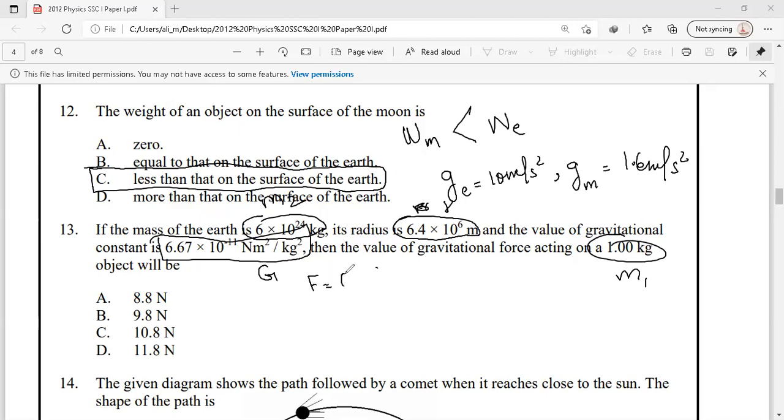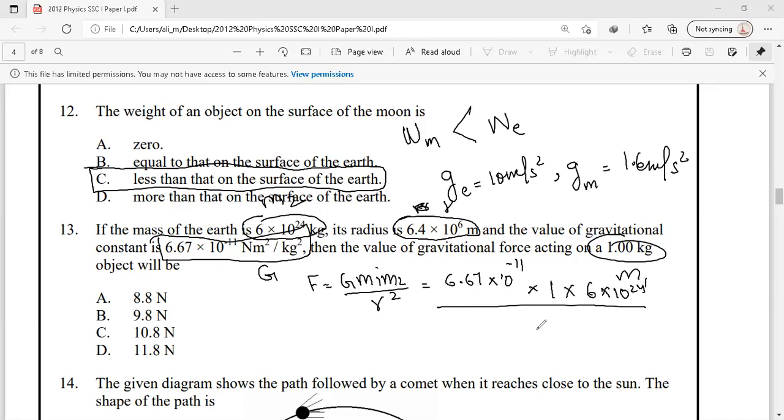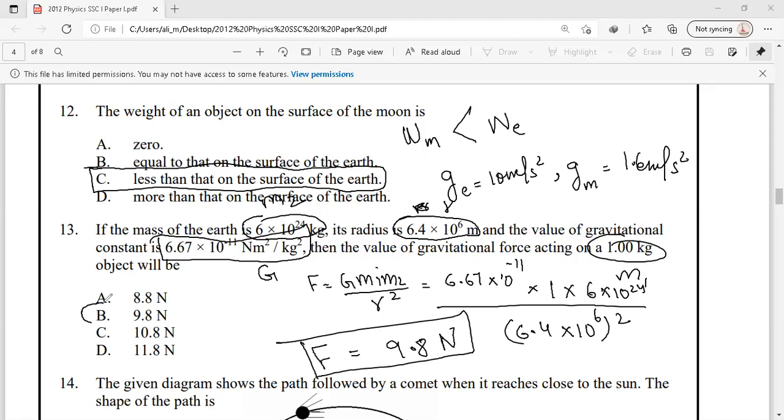So the force is equal to G m1 m2 over r square. The value of G is 6.67 times 10 raised to the power minus 11, multiplied by m1, which is 1, and m2, that is 6 times 10 to the power 24, divided by r square, that is (6.4 times 10 to the power 6) square. After solving this, we get 9.8 Newton as the gravitational force. So the correct answer is option B.